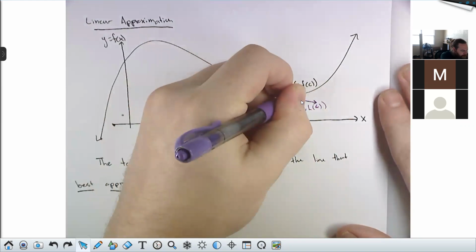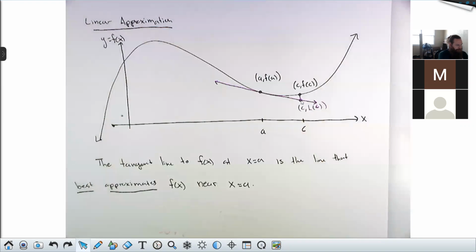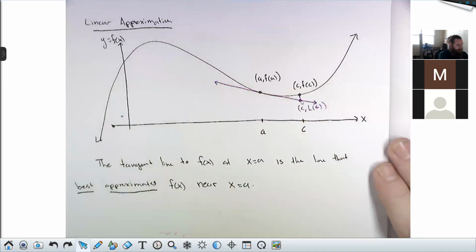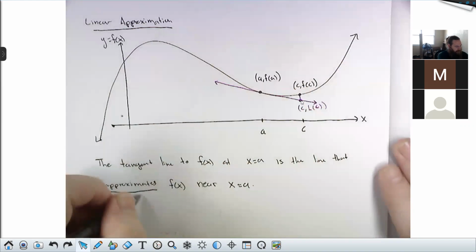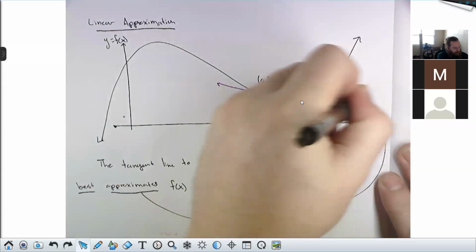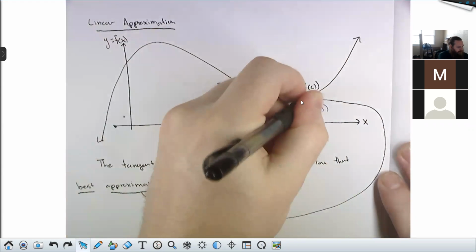The difference between f of c and L of c is small. So by best approximates, I mean minimizes this distance.